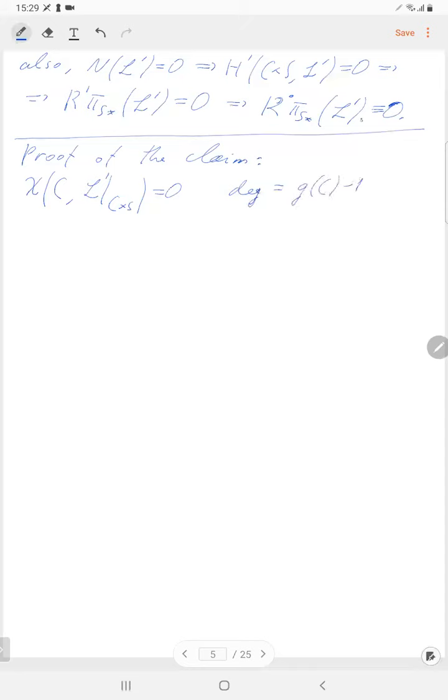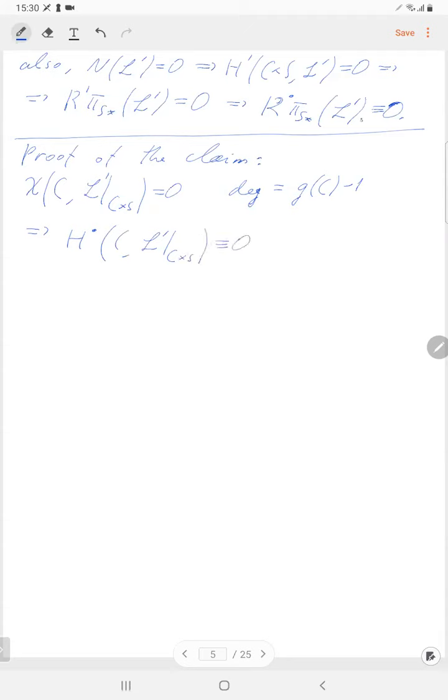And we know that there are no global sections, so there is no first cohomology either, and no higher cohomology at all. So all cohomology whatsoever of this vanishes.